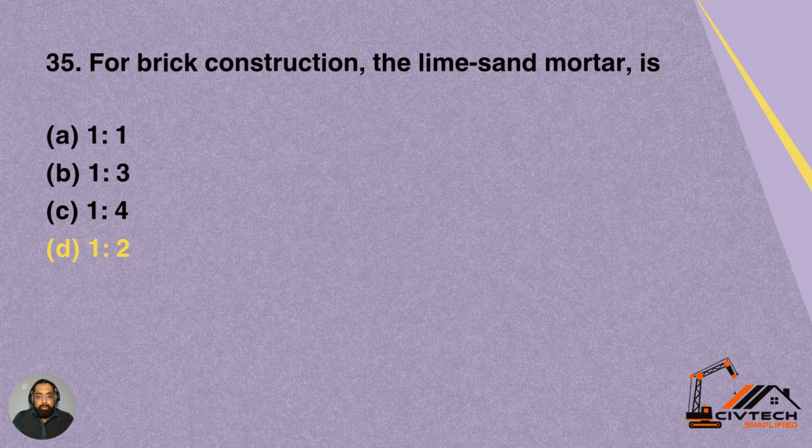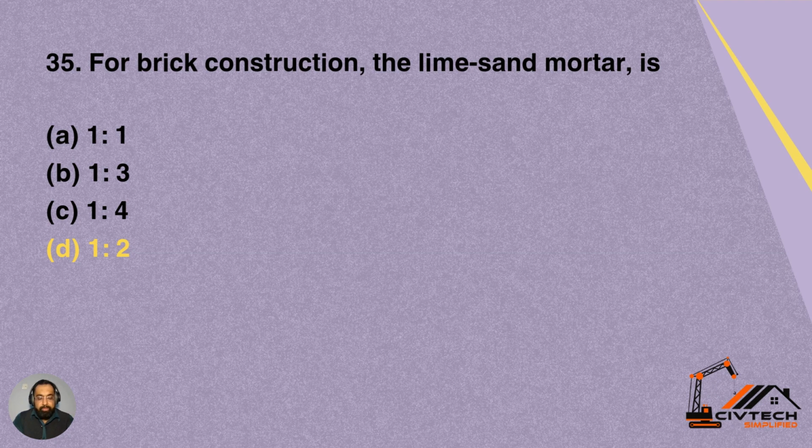Question 35. For brick construction, lime sand mortar is, so normally you have seen the ratio of the mortar or plaster. So what does it mean basically? The question is for a brick construction, the lime sand mortar is A. 1:1, B. 1:3, C. 1:4, D. 1:2.